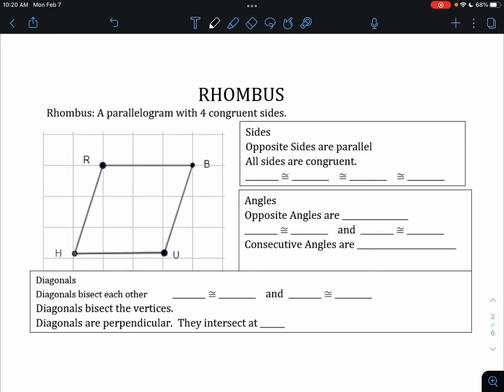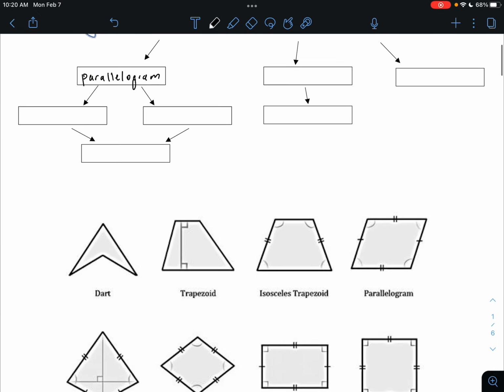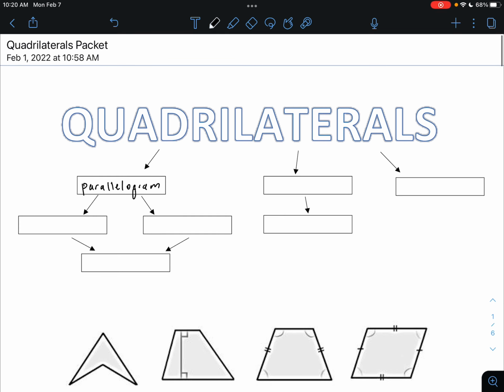Next up, we're going to be talking about rhombuses. Before we get too much into the details, we're going to go back up to the front of our notes, very first page, and we're going to put rhombuses in this second blank, first one on the left. That's because a rhombus is a type of parallelogram.